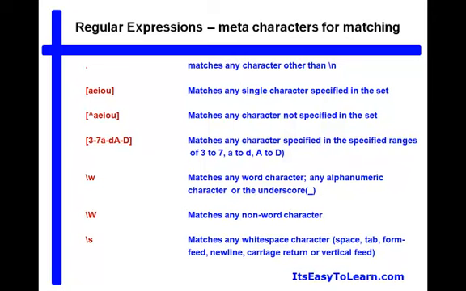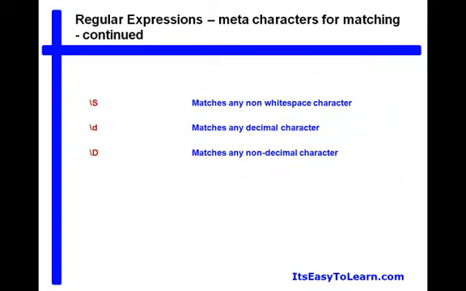This particular expression, [3-7A-DA-D], matches any character specified in the ranges 3 to 7, A to D, or A to D. \w matches any word character, \W matches any non-word character, and \s matches any white space character, could be a space, a tab, a new line, a form feed, anything else which is a white space character. \S matches a non-white space character. \d matches any decimal character, and \D matches any non-decimal character.